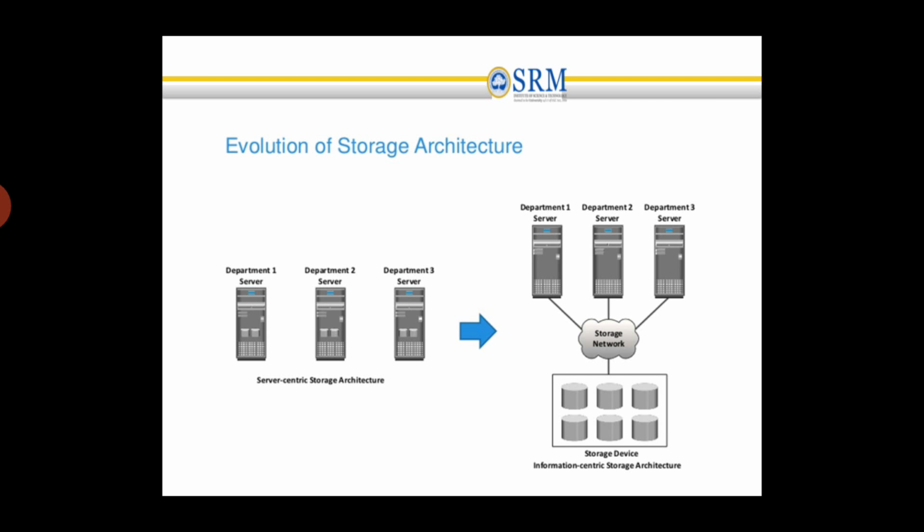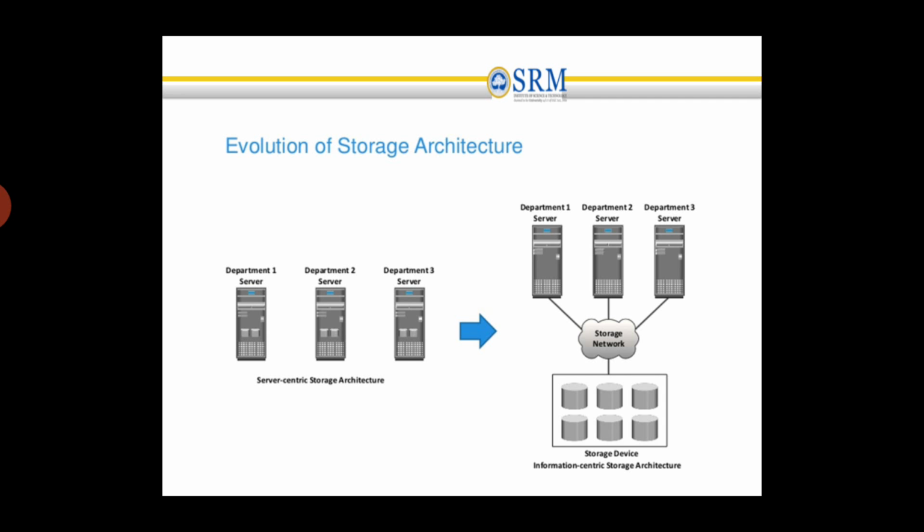So, if I have partitions in my server, and this device is for student specific information, this device is for faculty specific information, and this device is for course specific information, and you have a partition number also, where the partition is nothing but the disk partition, then you can directly go and access the particular information. So, at the next level, you can divide your data as information centric storage architecture.